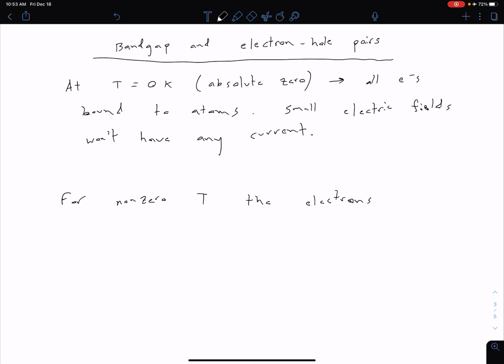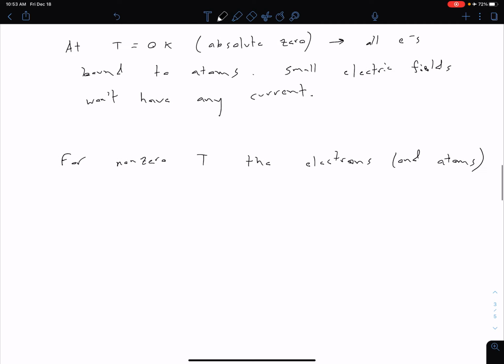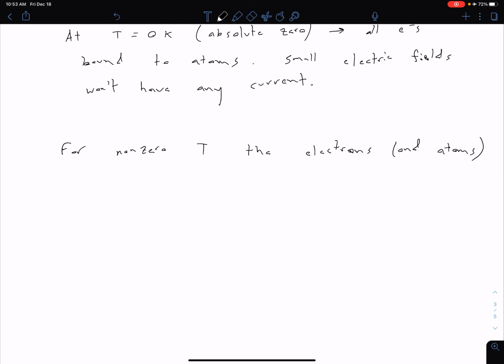So again, hopefully this is all just a refresher from chemistry and/or physics classes. But of course, if anything doesn't make sense or if you don't remember it, feel free to ask me more and I can give some more background. So for non-zero temperature, the electrons and the atoms have some thermal energy. And we'll talk about how to quantify that in a little bit as well. And so if we have enough energy, our electrons can break away.